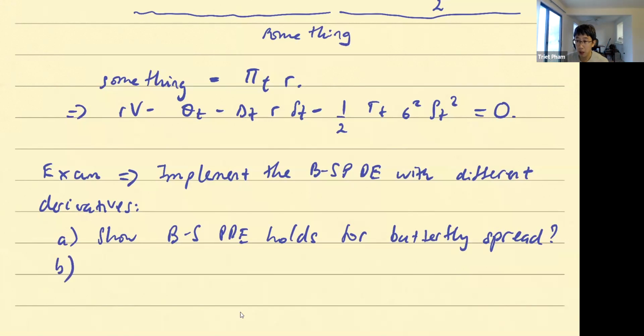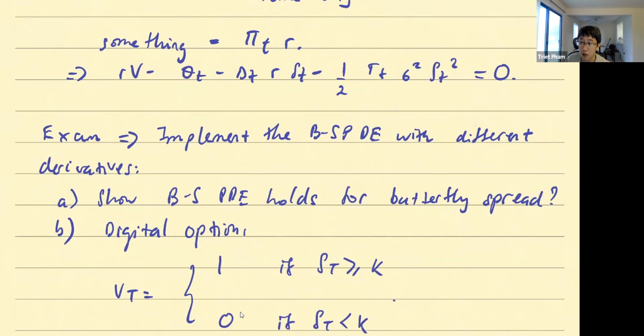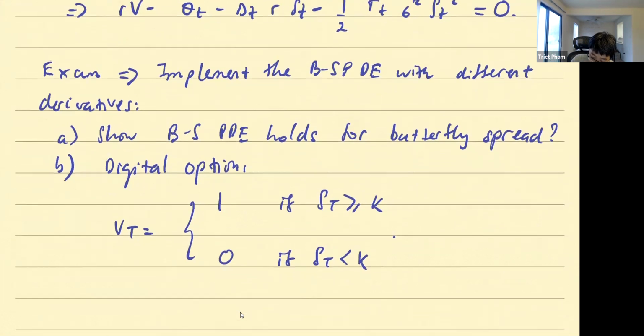Another one, which we have not done before, is something called a digital option. A digital option pays $1 if the stock price goes above some level and pays 0 otherwise. So it's almost like a call option, except that it doesn't pay S_T minus K. It just pays you $1, no matter how much you go above the strike level. So show the Black-Scholes PDE holds for a digital option.